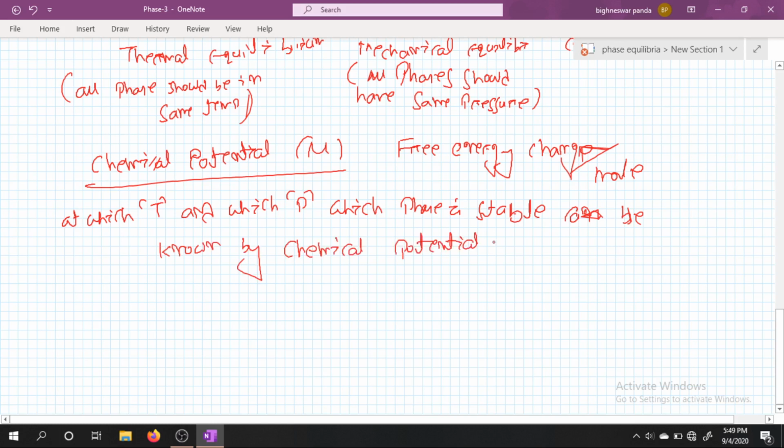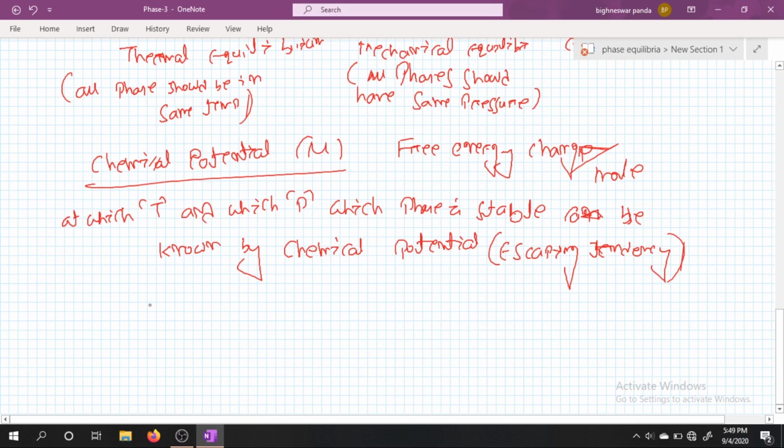That means chemical potential is also called escaping tendency, which we have already studied in thermodynamics.